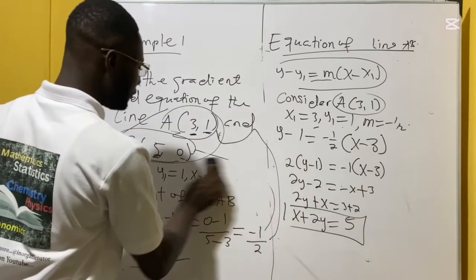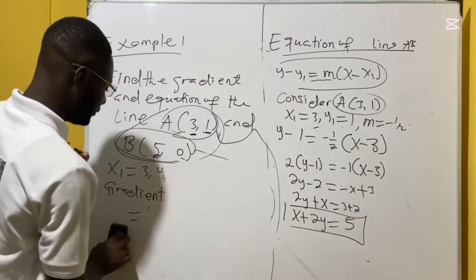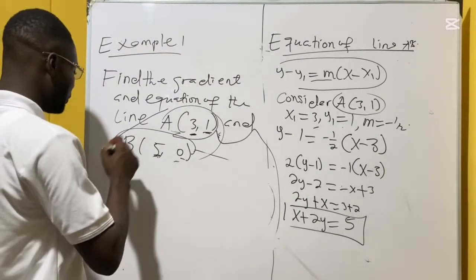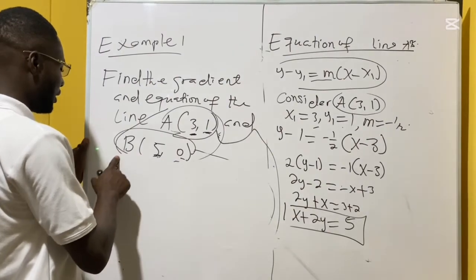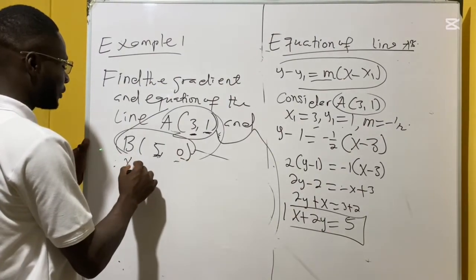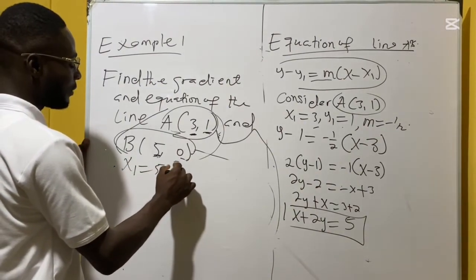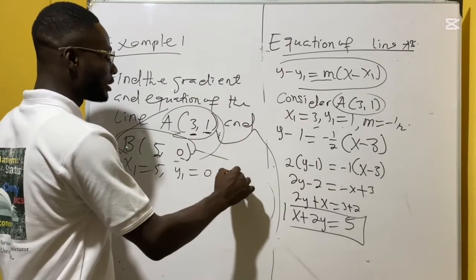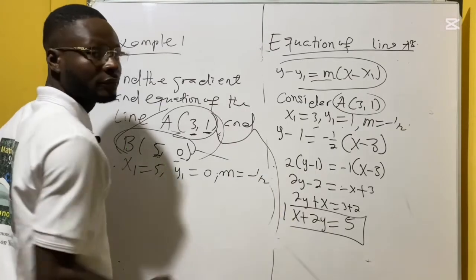So here I'm going to use the point B, which is here, and our x1 is 5, our y1 is 0, right? And as well, our gradient is minus half, right?